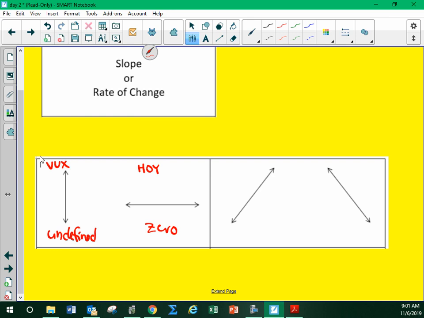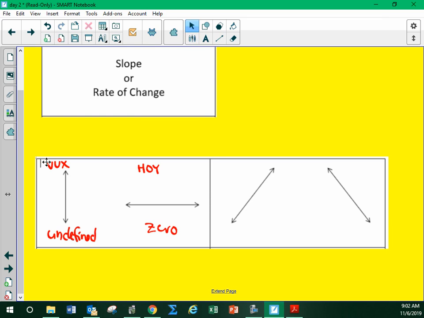Now when you open it up, we're in the first row. So for a vertical line, our slope is undefined. For a horizontal line, our slope is 0. Again, we're not going to get this super often. We're more often going to get these ones on the right, but we will have vertical and horizontal lines.